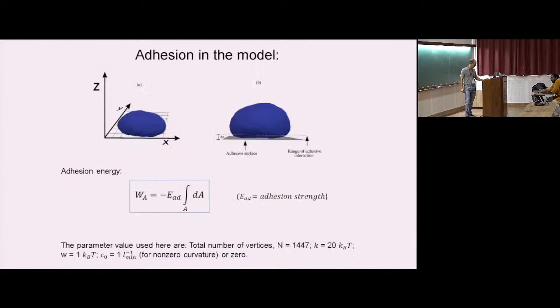So you need another energy term, and the energy term that Raj added is very simple. You can think of more complicated things, but again, let's start simple. Any node of the membrane, whether it's a membrane node or one of these protein nodes, the red nodes versus the blue nodes, if it is within a distance of delta z from the substrate, which is just a geometric plane in space, gets an additional adhesion energy of minus EAD per node, or per unit area represented by a node.